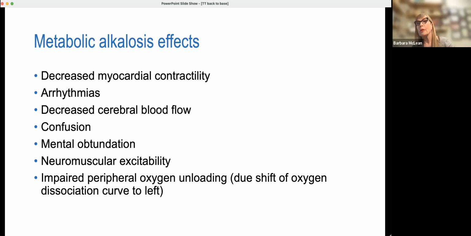That patient will become confused to obtunded and anywhere in between, stuporous, etc., as that alkalosis proliferates. And you can have very high levels of neuromuscular excitability, because the inside of the cell is now actually hyperpolarized, which is really concerning and puts our patients at pretty significant risk.